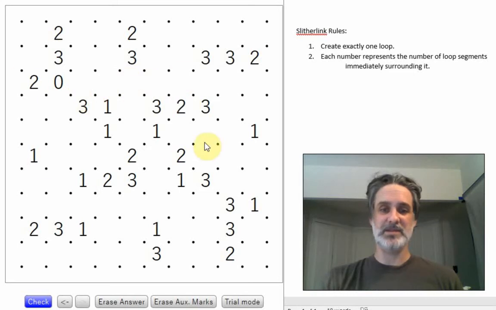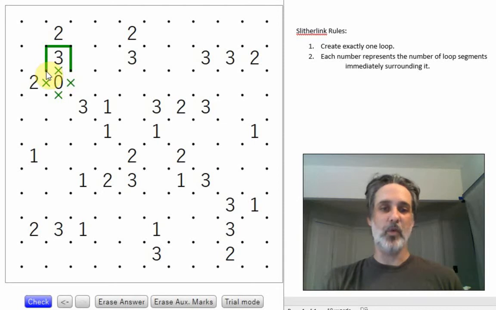So one of the best places to start a Slitherlink puzzle is always with the zeros, because there have to be 0 loop segments. So we could place notation that says, hey, no loop segments whatsoever. Immediately surrounding this 0, I have a 3 adjacent to it. That has to fill out all 3 others, because that's the only option that's left, to fill 3.